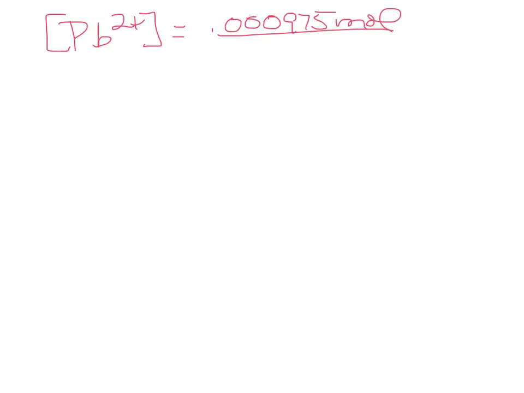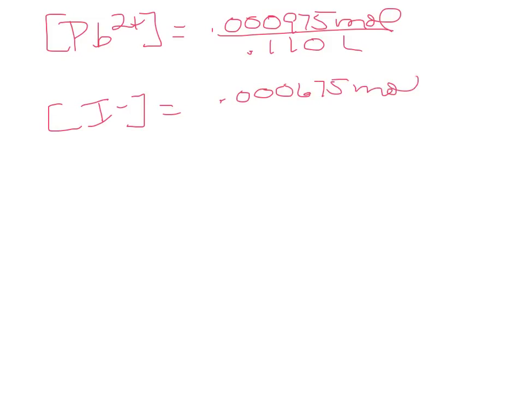All right, so the concentration of lead ion then is 0.000975 moles divided by the total volume, which is 0.110 liters. And the concentration of the iodide ion is 0.000675 moles, again divided by the total volume of those two solutions when they're mixed together.